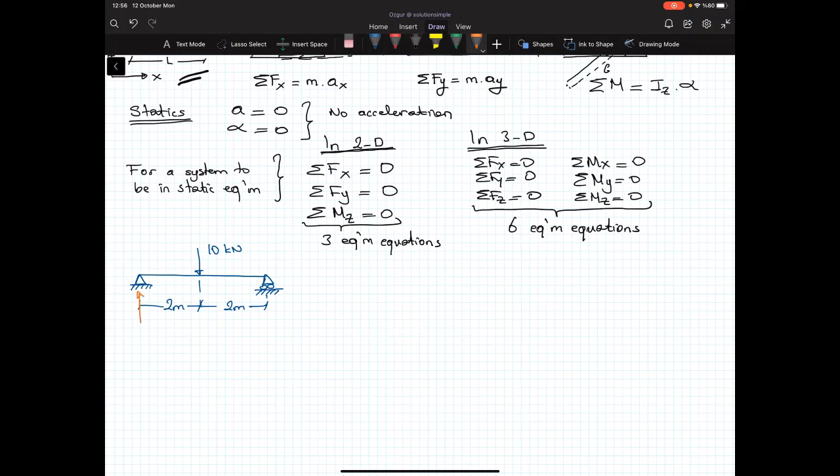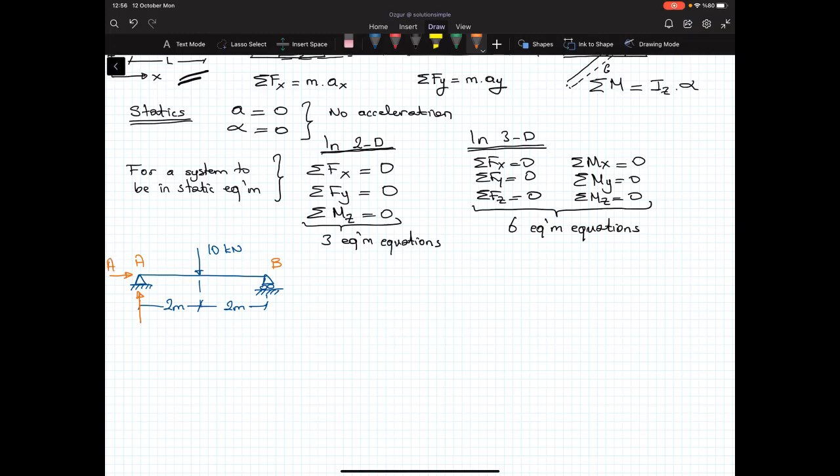So one unknown is this support reaction, because remember that we define a pin support. We say that this point cannot move in the x and y directions, and it's supported by this pin support, and we have 2 reaction forces here. Let's call it A and B here.